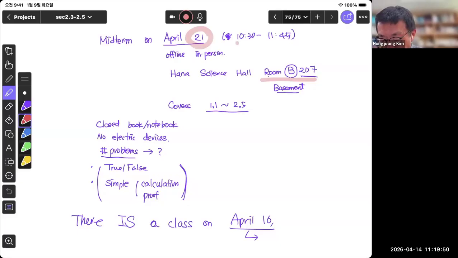Don't be late. The exam starts exactly at 10:30 and will end at 11:45. And if you have any questions regarding the exam, please email me.